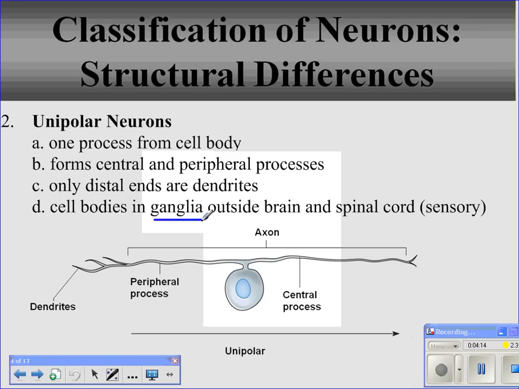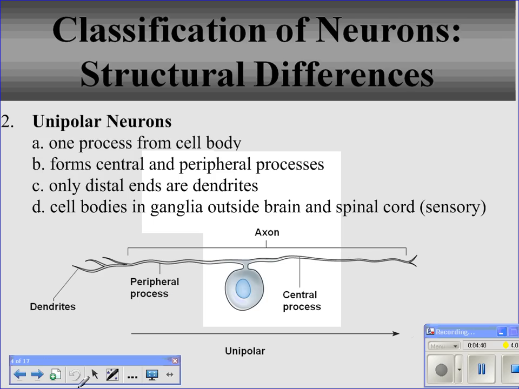And these ganglia sit outside your brain and spinal cord in areas throughout your body. And ganglia are just groupings of these somas in certain areas. So we get a whole bunch of neurons and a grouping of them, and that's how we create a nerve. Remember, a neuron is a single cell, a nerve is a bunch of cells, and a ganglia is a bunch of those somas of those cells.